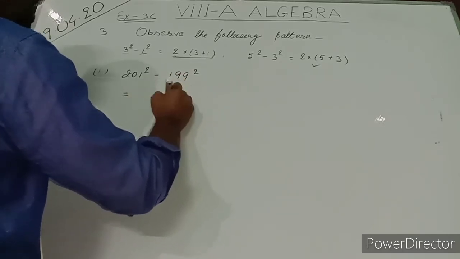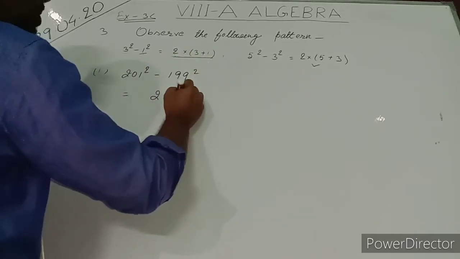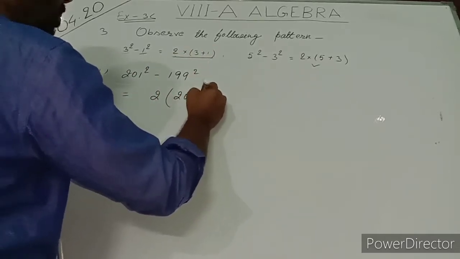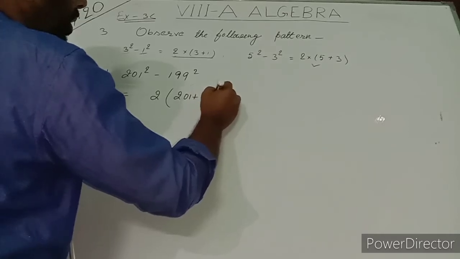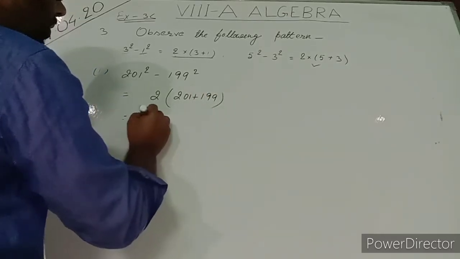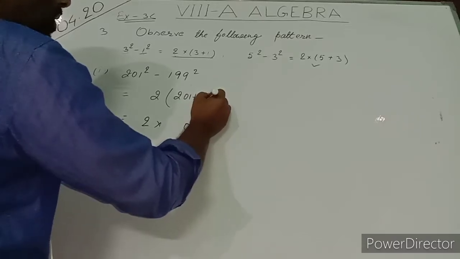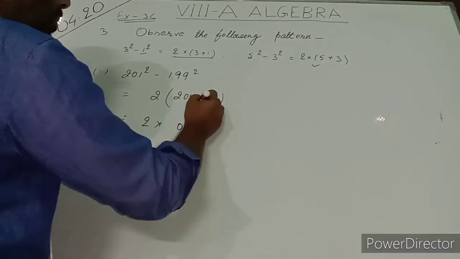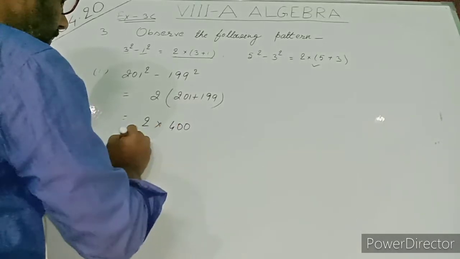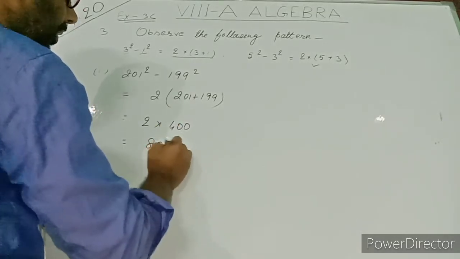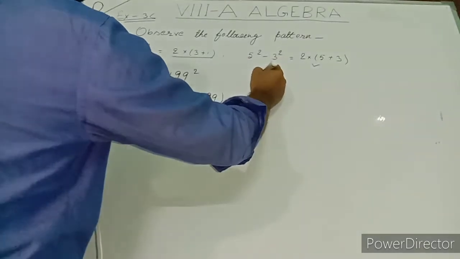Subtraction became 2. And this is the addition of these two numbers, that is 201 plus 199. Now you calculate, 2 into 400 equal to 800.